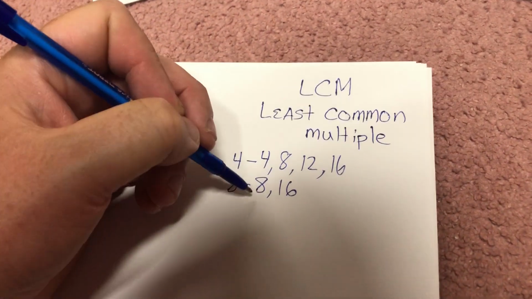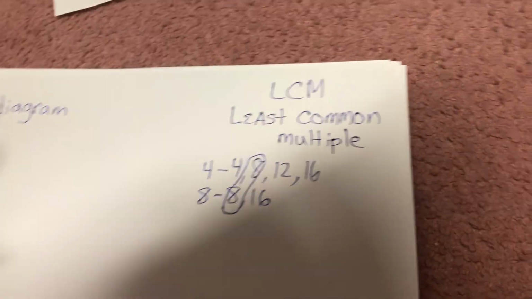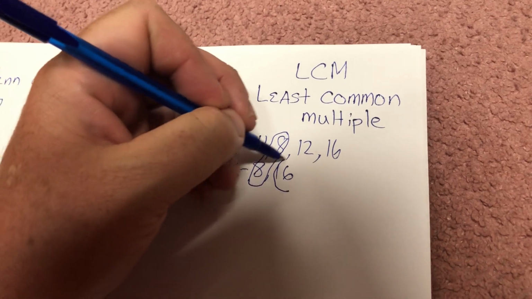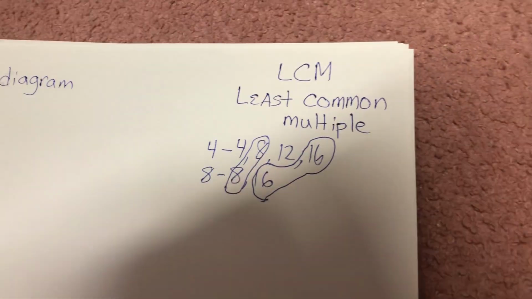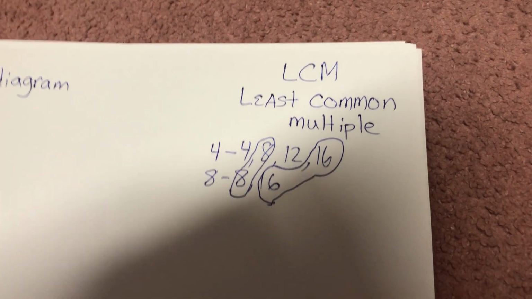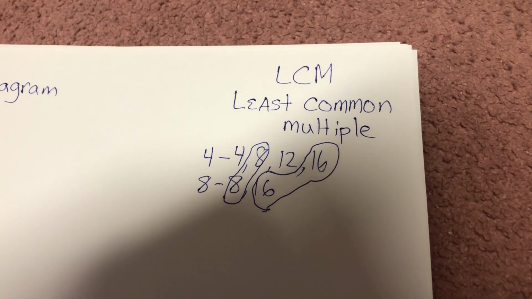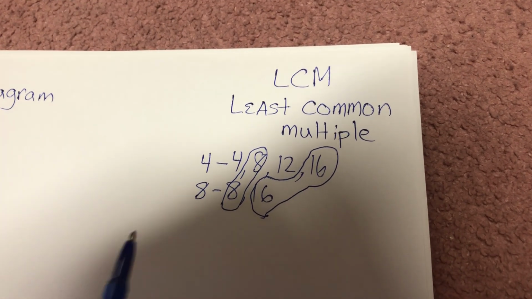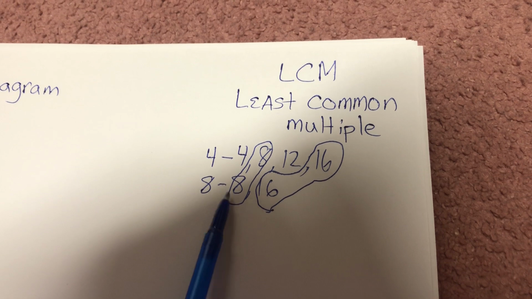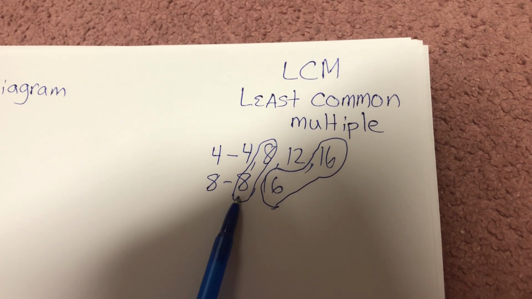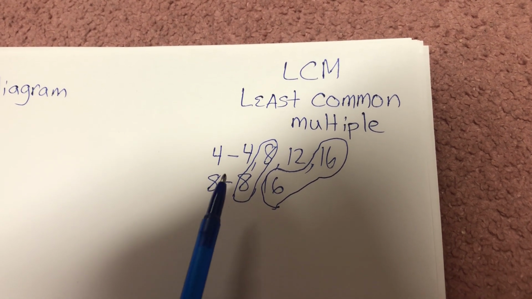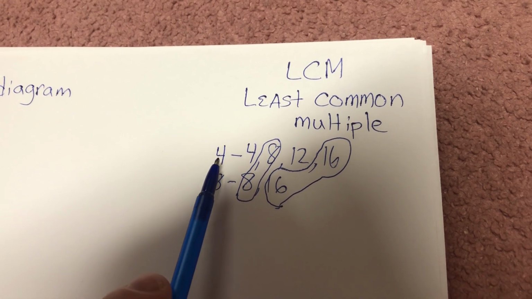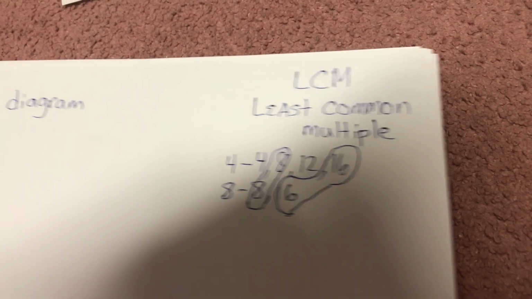Well, I see that 8 is in both lists. I see that 16 is in both lists. So 8 and 16 are common multiples. And the least common multiple is 8. 8 is the smallest number that shows up as an answer in both the 4 and the 8 times tables.